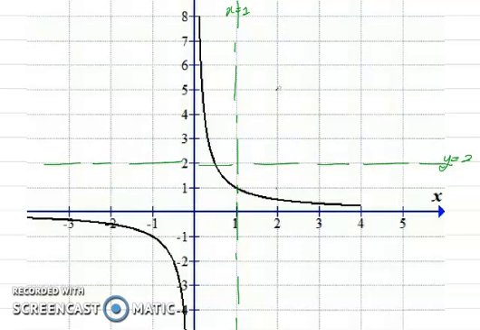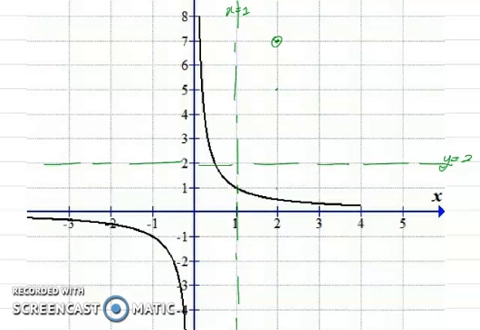So it's going to move to this point. And then the last transformation is a vertical translation of 2 units, which moves the point to here. So the point (1, 1) in y is equal to 1 over x becomes the point (2, 7) in y is equal to 2 plus 5 over x minus 1.